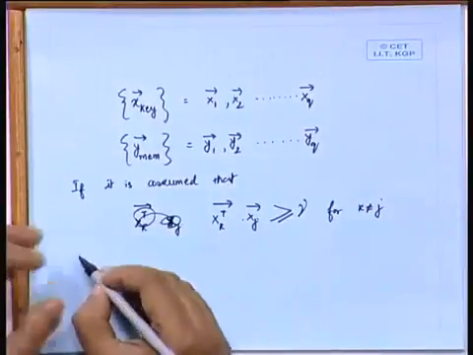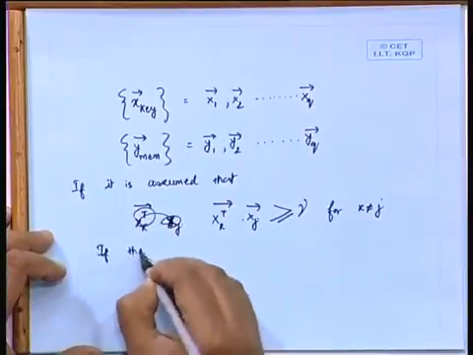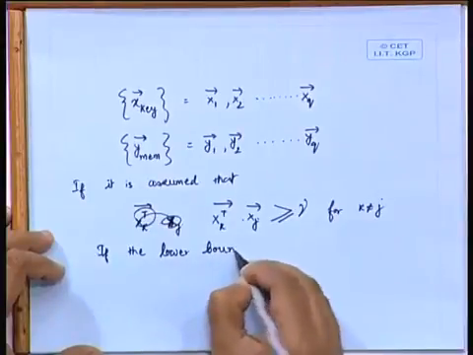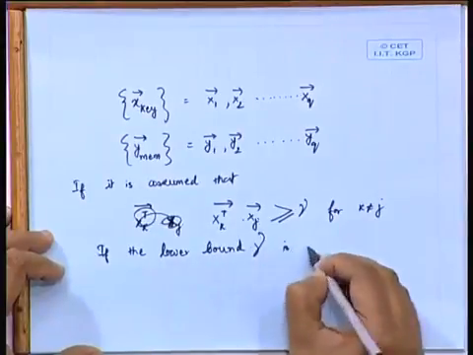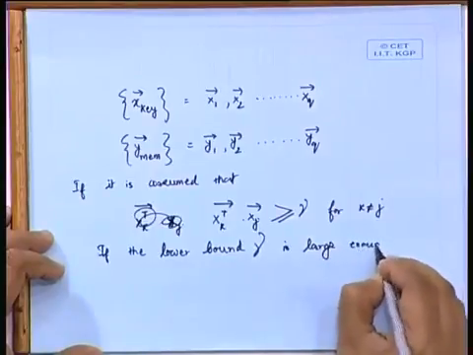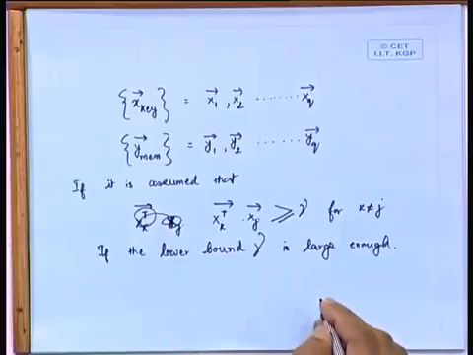If the lower bound gamma is large enough, what can we expect out of that?